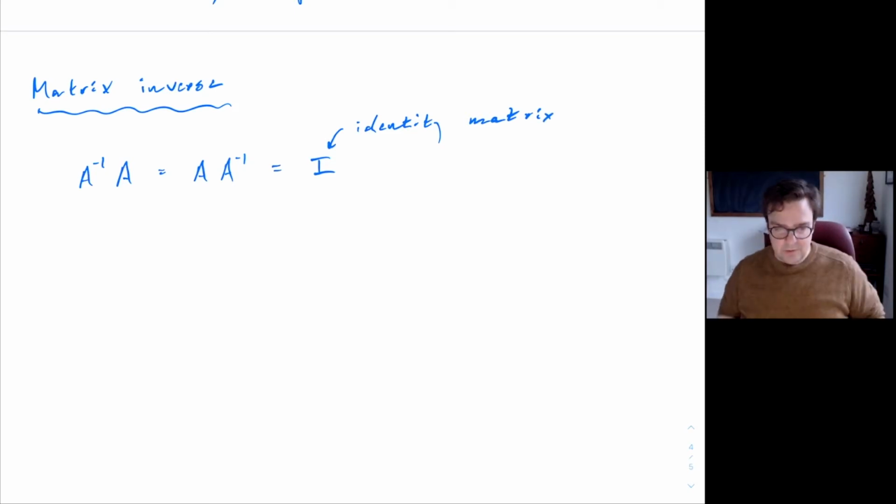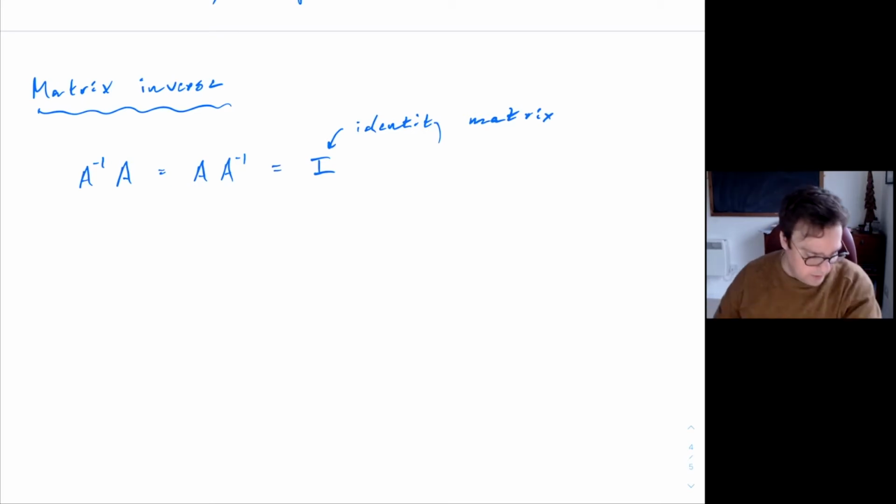Now this looks like the equation we saw for scalars, and in that case the right hand side was the number 1. The identity matrix is very much like the number 1 in matrix form, in that anything it multiplies, so long as the multiplication is allowed, it just gives back the same thing that it multiplied.